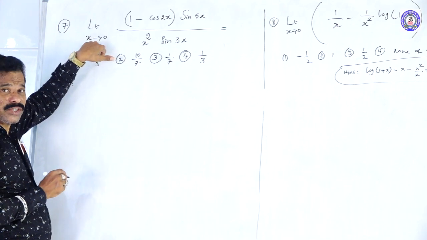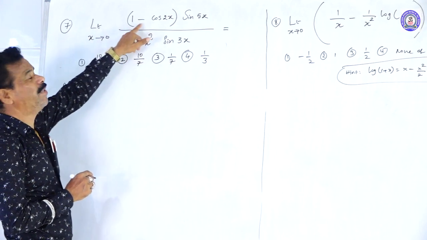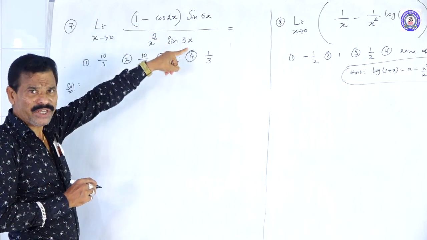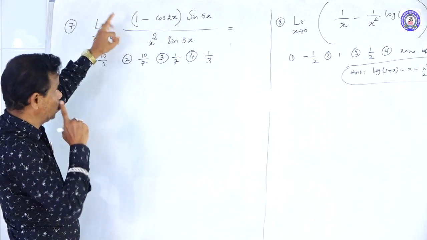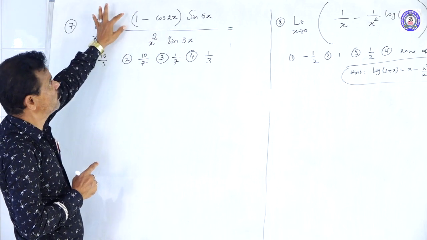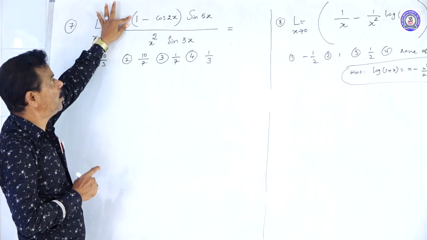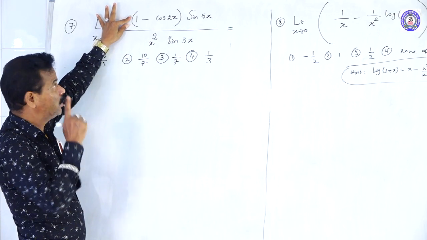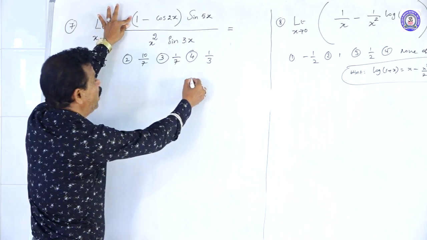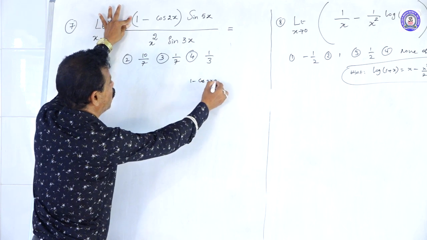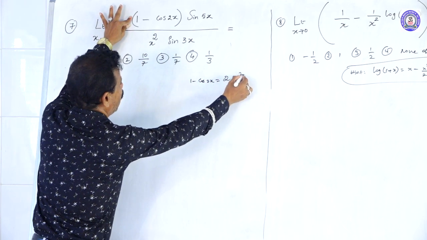Here limit tends to 0, 1 minus cos 2x sin 5x, denominator x square sin 3x. So we observe this term 1 minus cos 2x. This term has a formula. Which formula? 1 minus cos 2x is equal to 2 sin square x.